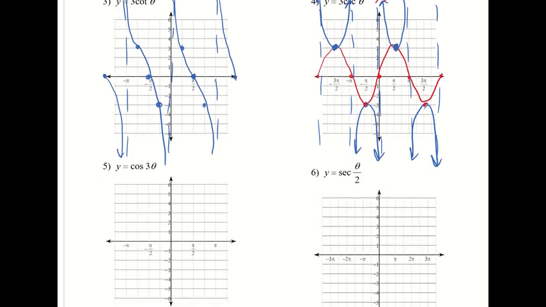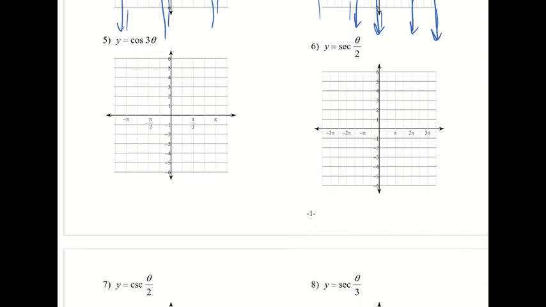Let's take a look at what changing b will do to the function. Now, our standard cosine graph is going to look like this. But then cosine of 3 theta, for sine, cosine, secant, and cosecant, our period is 2 pi divided by b.